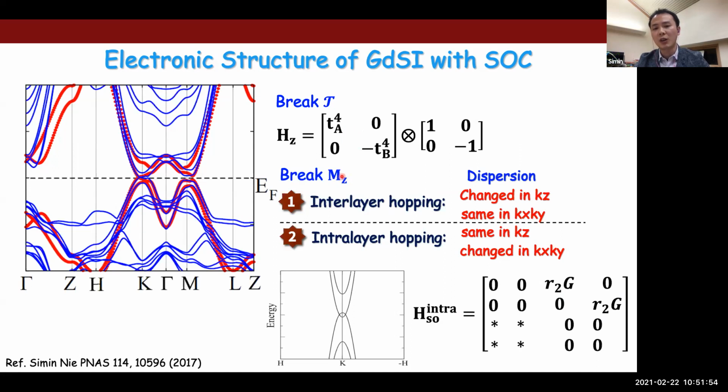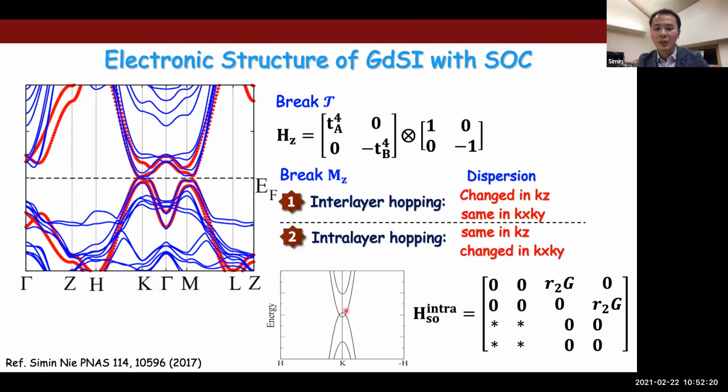There are two different hoppings of the SOC term, the interlayer hopping and the intralayer hopping. If we consider the interlayer hopping, the dispersion will change in the KZ direction but remain the same in the KX-KY plane. If we consider the intralayer hopping, the dispersion will remain the same in the KZ direction but will change in the KX-KY plane.